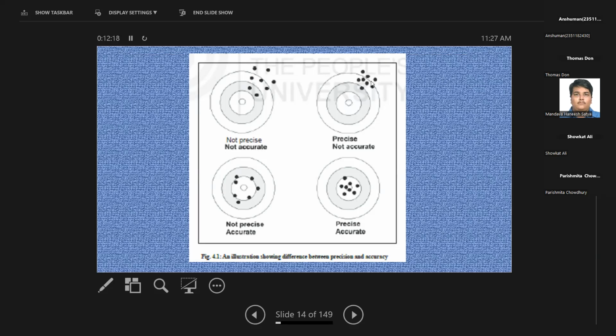They are precise but not accurate. Here they are not precise because you don't see any repeatability, but they are close to the true value, so not precise but accurate. And here it is both precise and accurate: repeatability is there and closeness to the true value is also there. I hope you have understood.